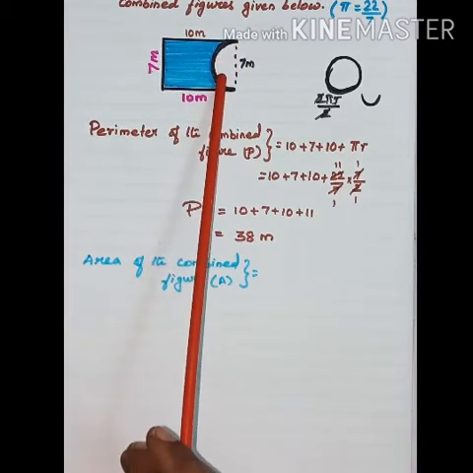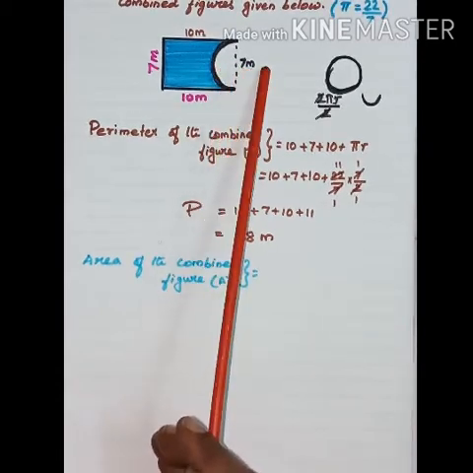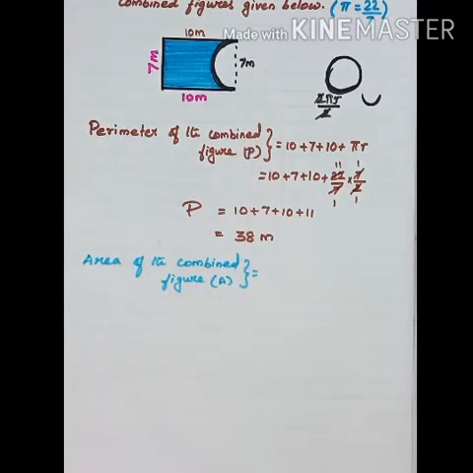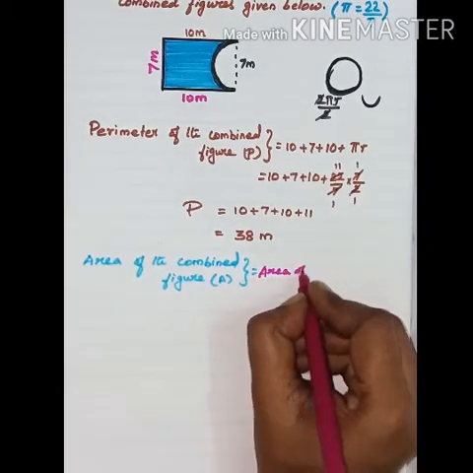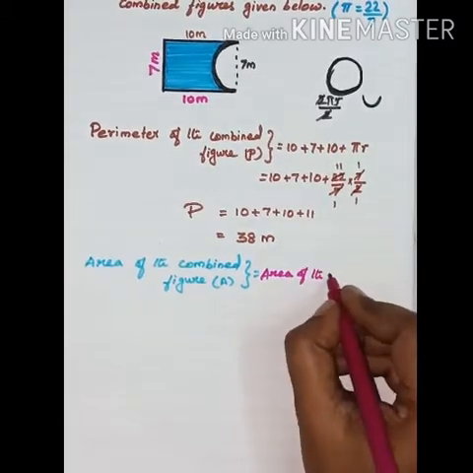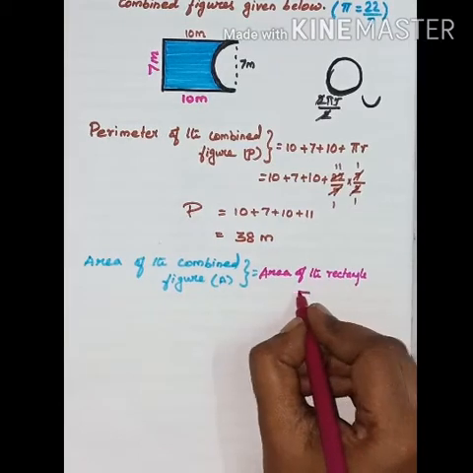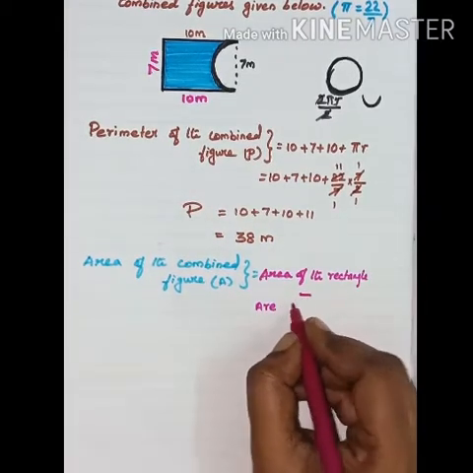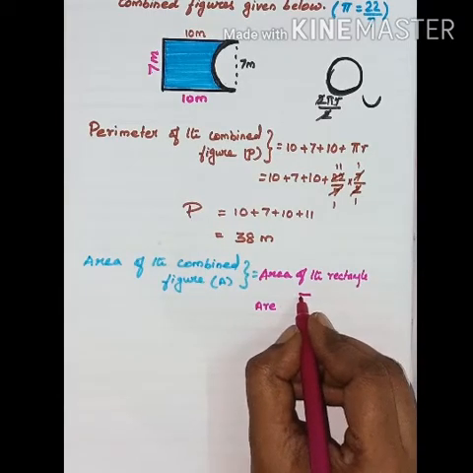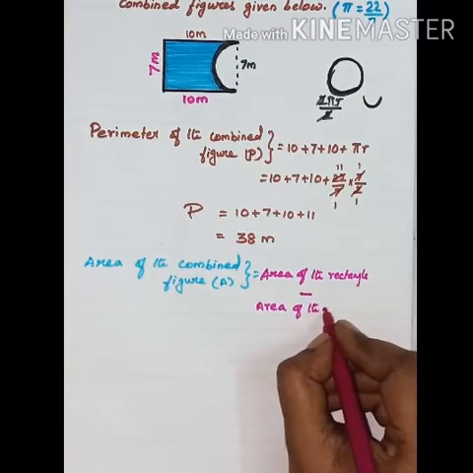From that we have to take out the area of the semicircle. That is, area of the rectangle minus, we are removing that part, so we are putting the symbol minus, area of the semicircle.